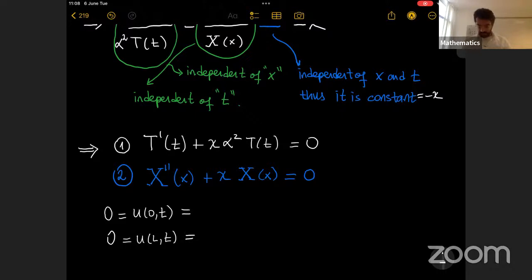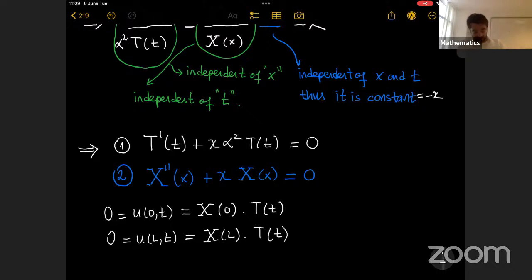That means basically u is in this form, X(0) times T(t), and here X(L) times T(t).